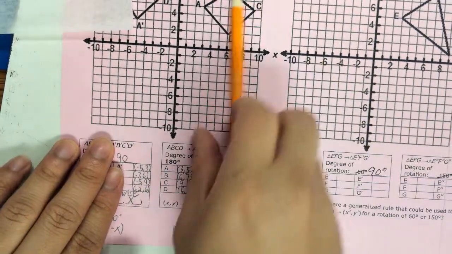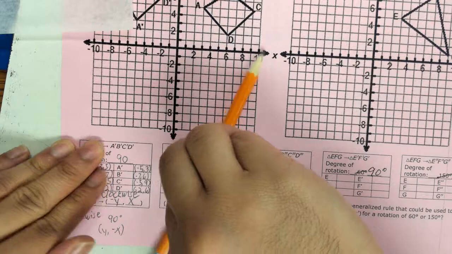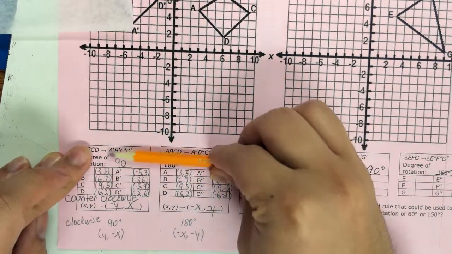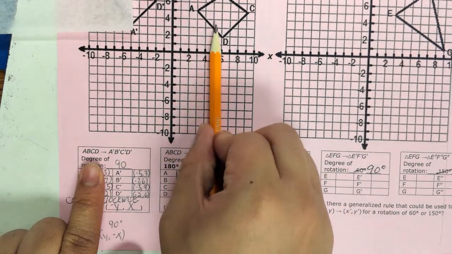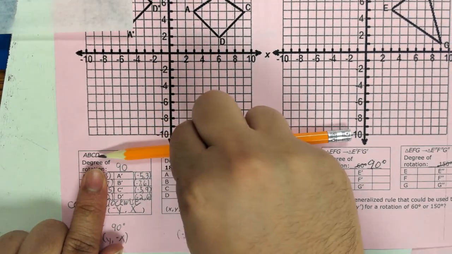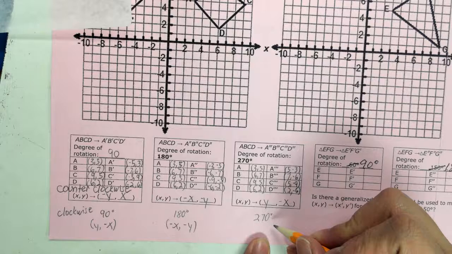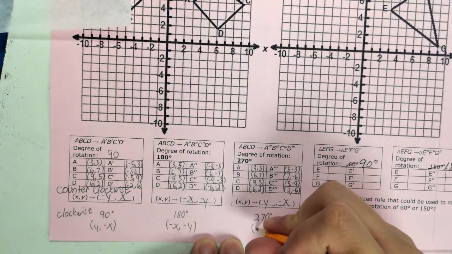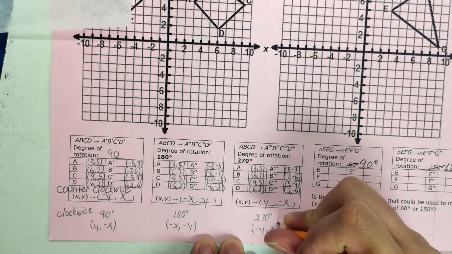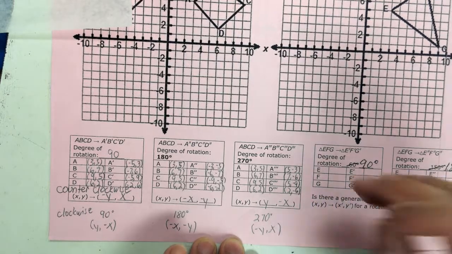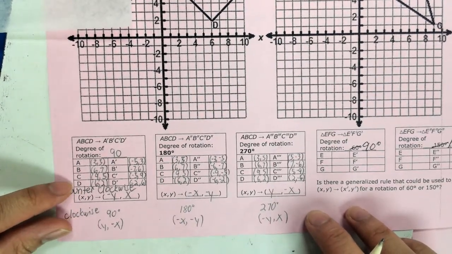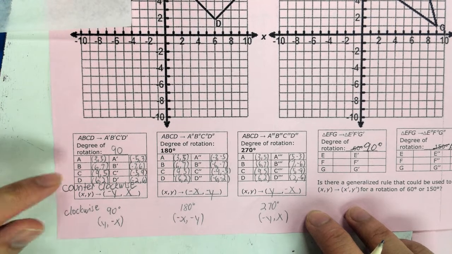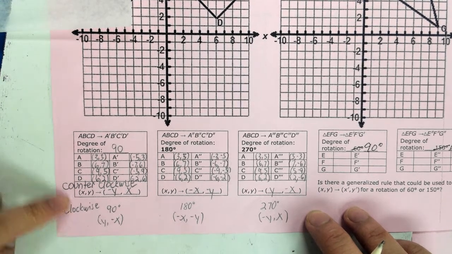And for the last part, looking at my pencil, going 270 degrees, me pointing to the left, is the same as going 90 degrees counterclockwise. So 270 clockwise is the same as 90 counterclockwise. And here you have the 6 rules for rotation, 3 for counterclockwise, 3 for clockwise.